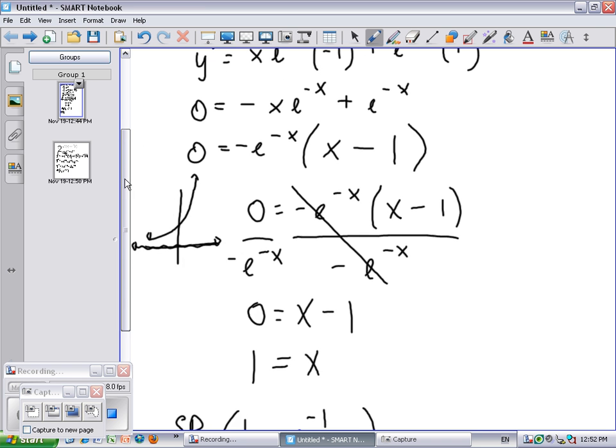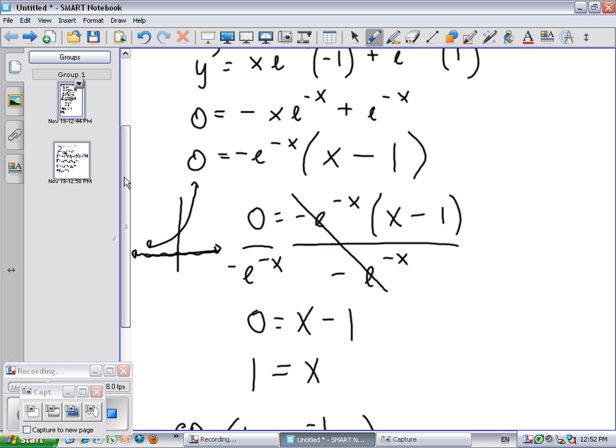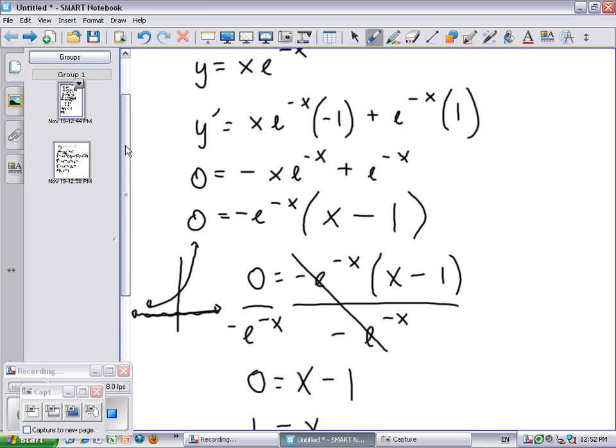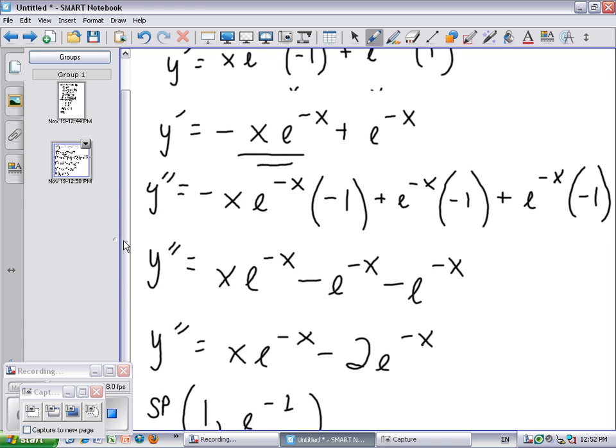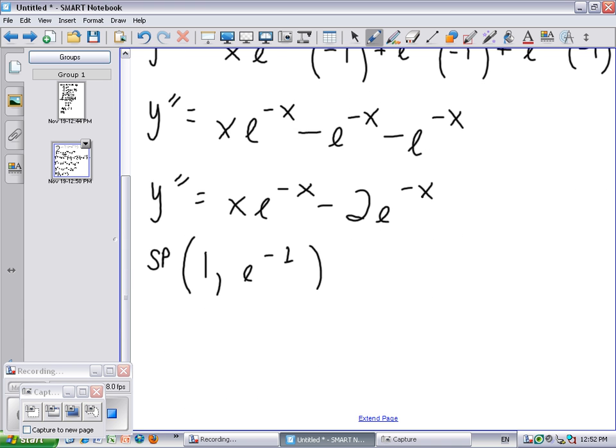So f double prime of 1 equals, in it goes. It's going into this second derivative. 1e negative 1 minus 2e negative 1.